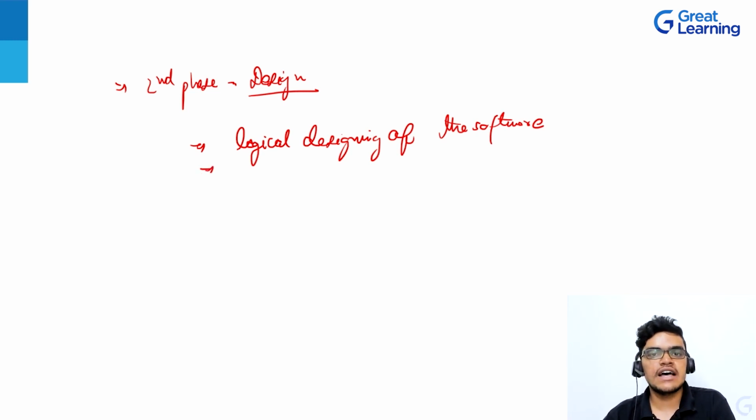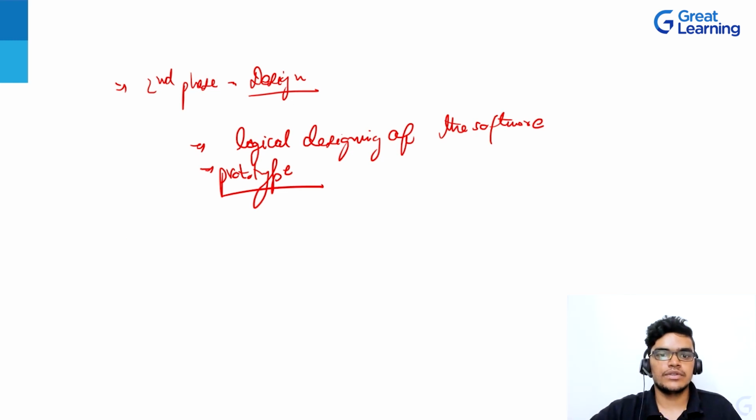Talking about the SRS document, it gives us the logical details, such as how your software will look, which language is used, and what the database design is, and this basically gives you the prototype of the final product. That means whatever software you are developing, you have the prototype in the form of documentation here.